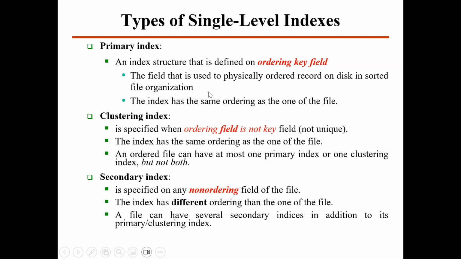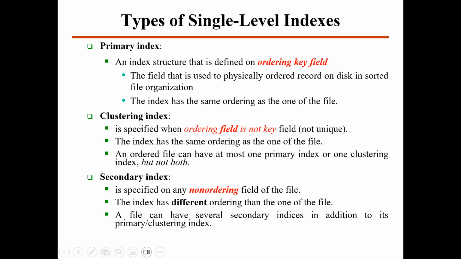Now you see, students, the primary index and clustering index are doing the job of linking one index entry with a block of records in the data file. But the difference is that the primary index uses an ordering key field, wherein you don't have repeated values, for example, the block of records sorted by ID.